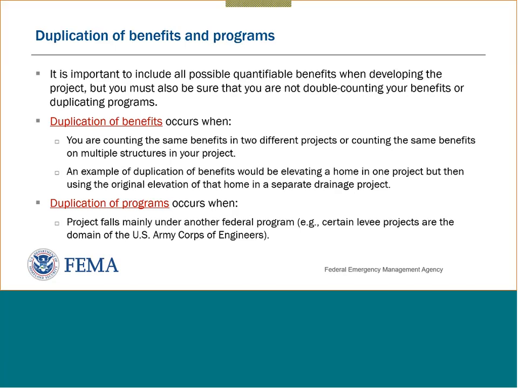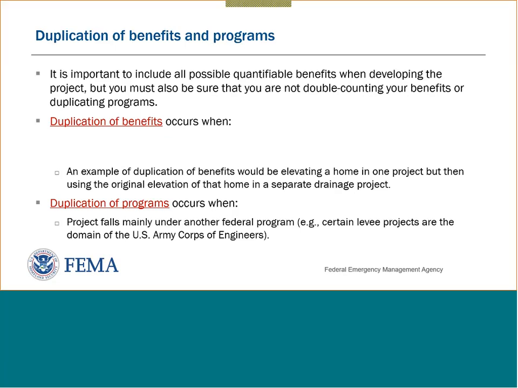There are certain road projects that fall under the authority of the Federal Highway Administration, so you'll need to do a little bit of work to determine whether the project you're envisioning might fall under the purview of another federal agency. Your state hazard mitigation officer or we can help you sort that out if you're not certain how to figure that out. Next, please.